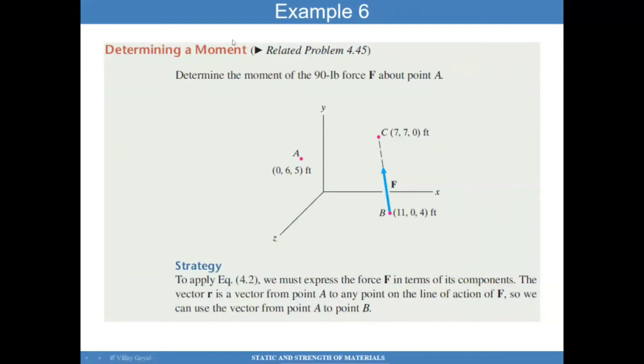Here, we will now determine a moment through this example. In this problem, we have to determine the moment of the 90-pound force F, which is acting along the line of action from B to C. It's a 90-pound force, so we know its magnitude, and we know its direction because it's telling us that it's along the line of action from B to C. And then we want to find the moment about point A. So it's not straightforward to use approaches we used in the past.